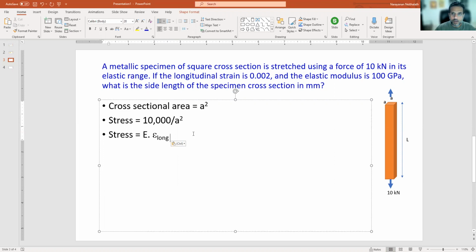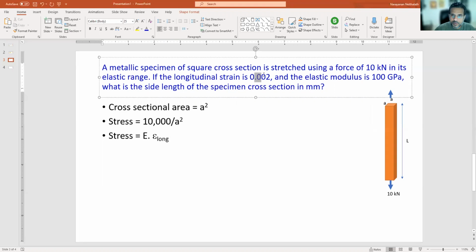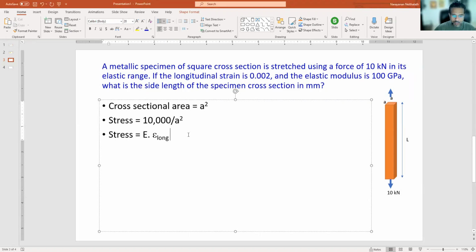Now, do I have both the values? Yes, I'm given the longitudinal strain, I'm given the elastic modulus. Therefore, I can find the stress, which is equal to 100 GPa. 1 gigapascal is 1000 megapascal, so 100,000 megapascal. 1 megapascal is 1 Newton per millimeter square, so that everything is in newtons and millimeters, and you will never get confused with the units.